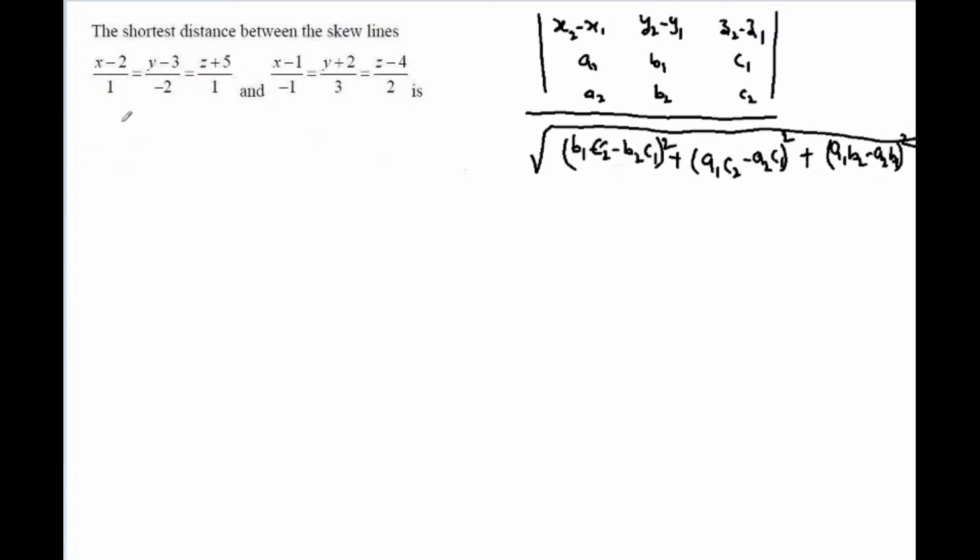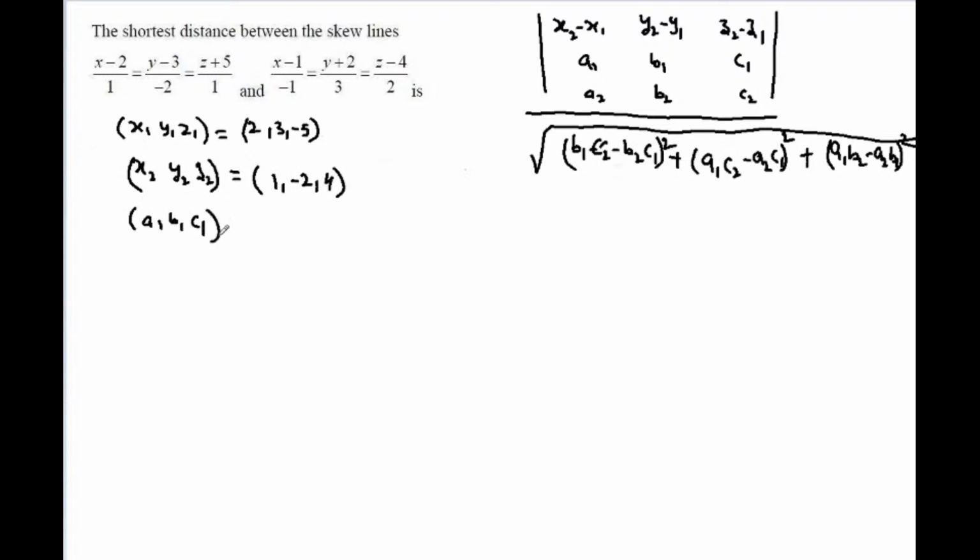Here it is given the point x1, y1, z1 is equal to 2, 3, minus 5, and the second point x2, y2, z2 is equal to 1, minus 2, 4, and a1, b1, c1 is equal to 1, minus 2, 1, and a2, b2, c2 is equal to minus 1, 3, 2.